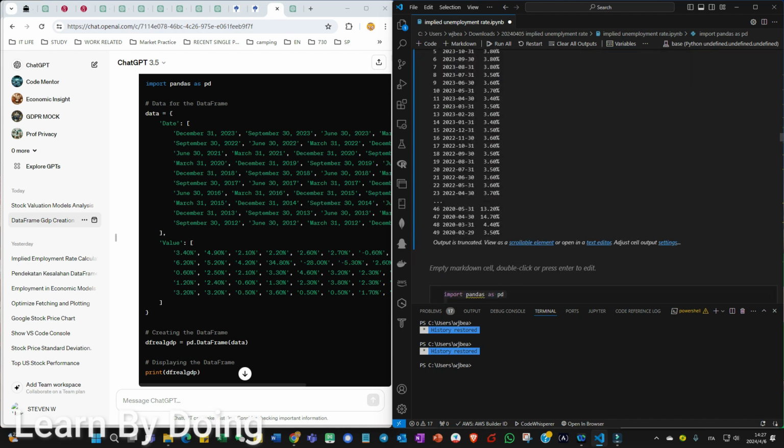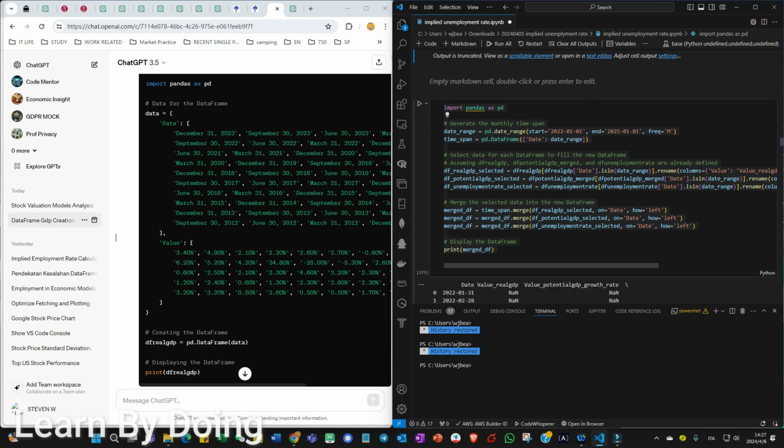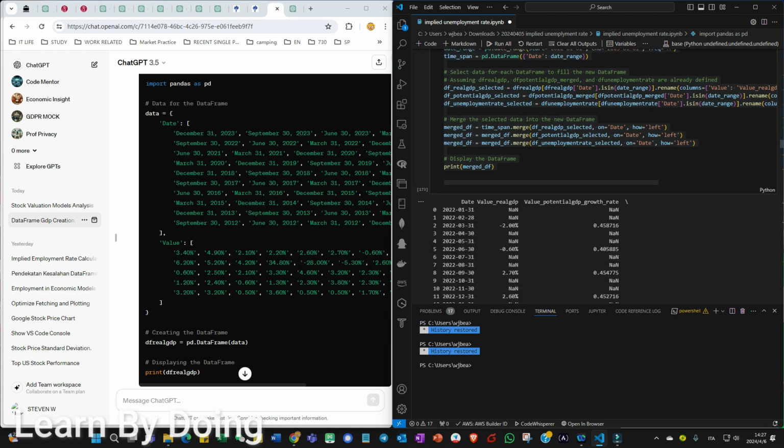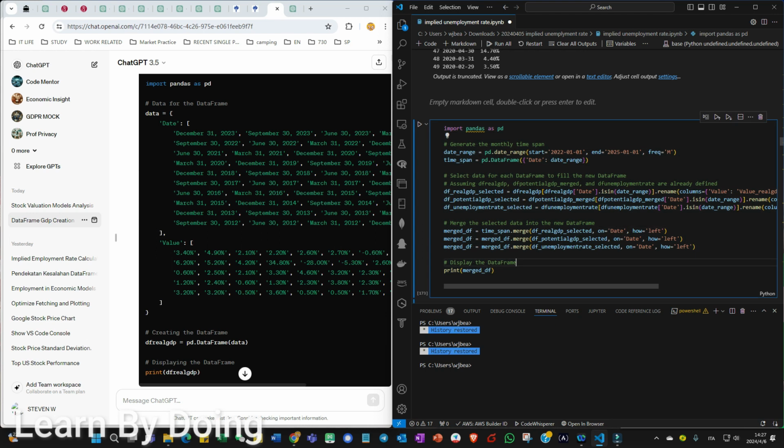Okay, so then I have all this data. Now I need to try to merge the data together. Usually, if you do not want to involve GPT and want to write it by yourself, it is totally fine.